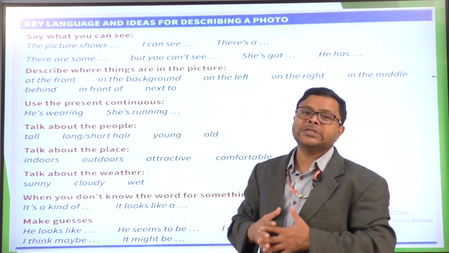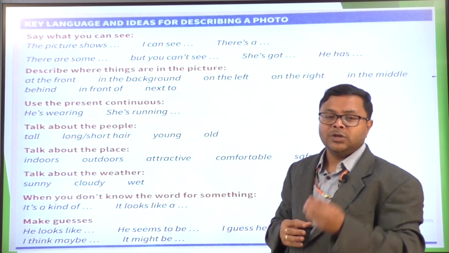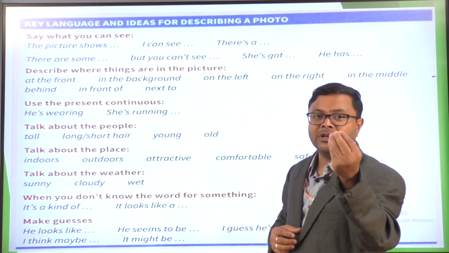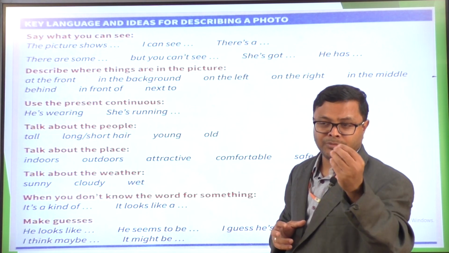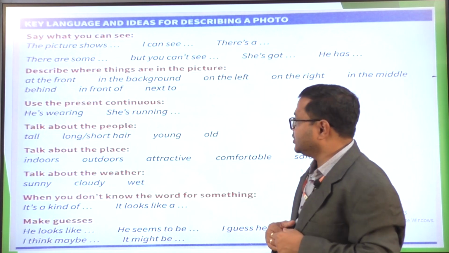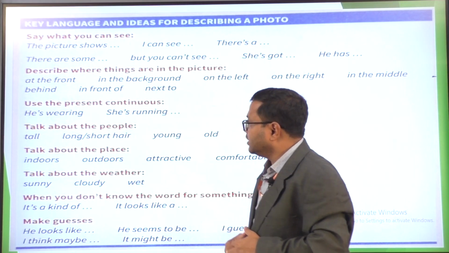All these spatial expressions to locate things in the picture are very, very important.